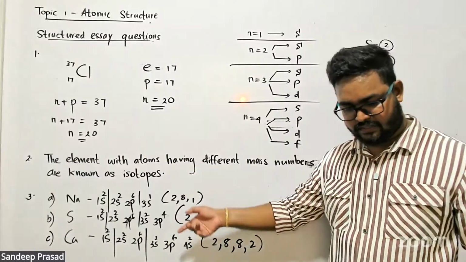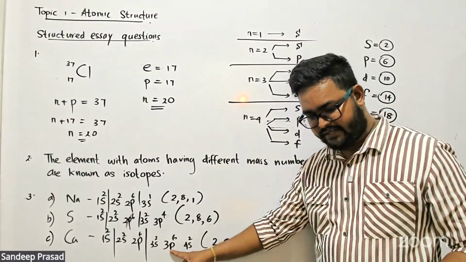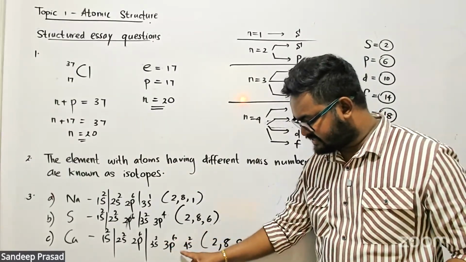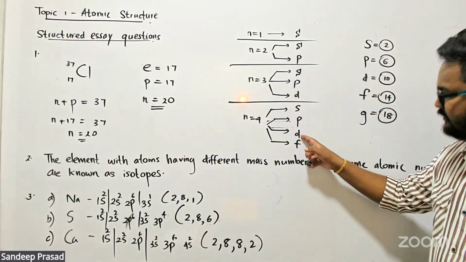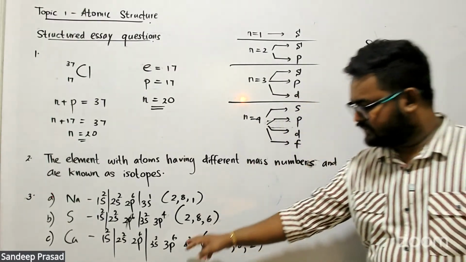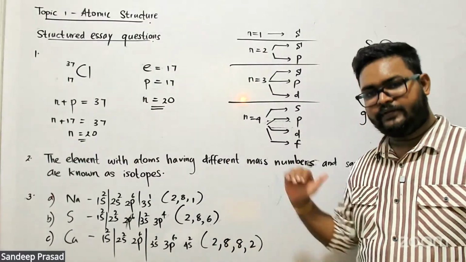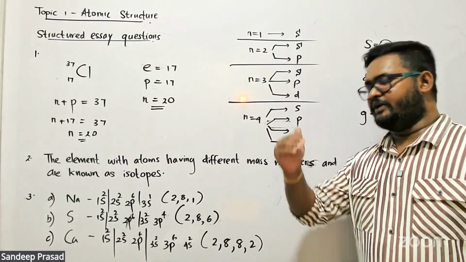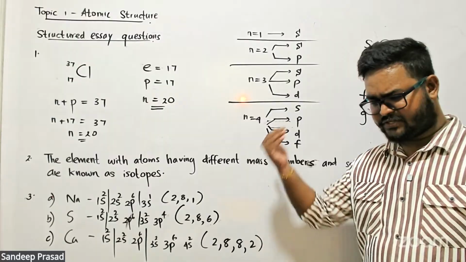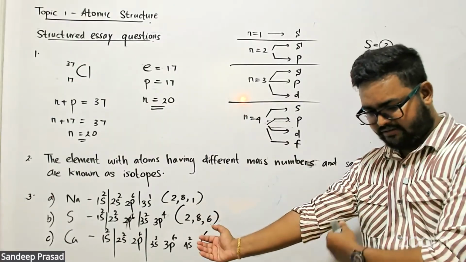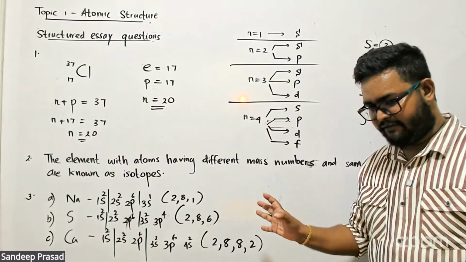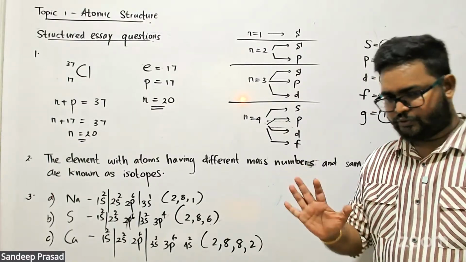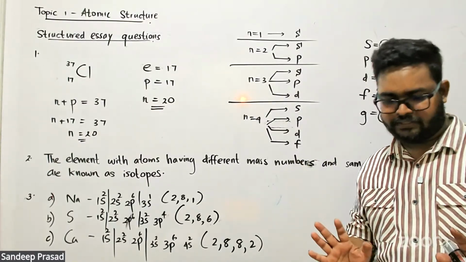And we have to complete the third principal energy level and its sub energy levels. But in calcium, there is an exception. Before we go for the d sub energy level of the third principal energy level, it's going for the fourth principal energy level. Okay, don't worry about that one. So we have to discuss so many things before writing the electronic configuration. But here I have given you an idea, okay? So don't think about it much.